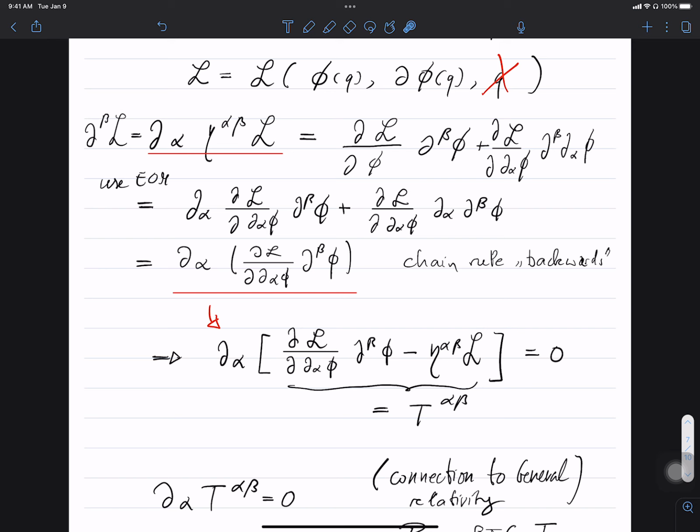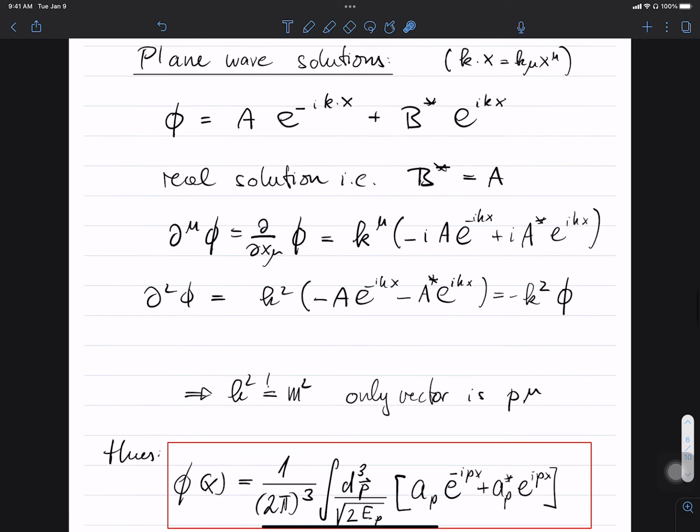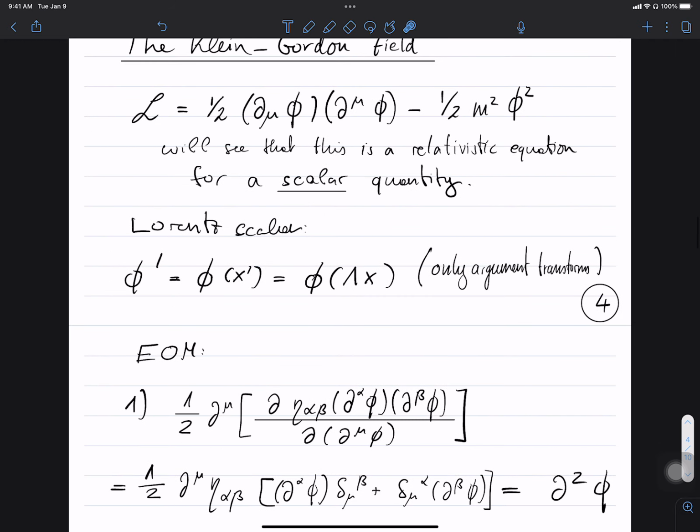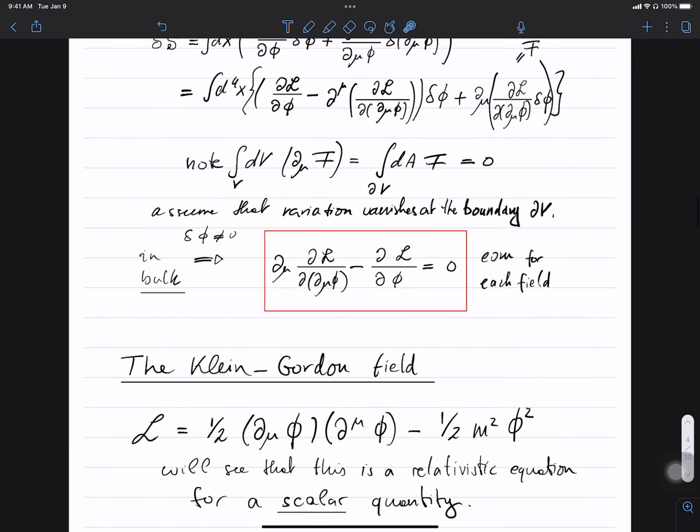Then we can use the equation of motion on this term to replace the derivative with respect to the field by the derivative with respect to the generalized velocity and the derivative of it. Remember, we derived the general equation of motion up here, so we can replace this term by that term by setting those equal.